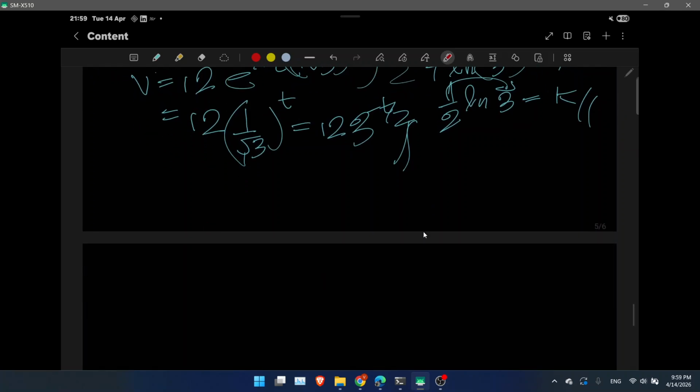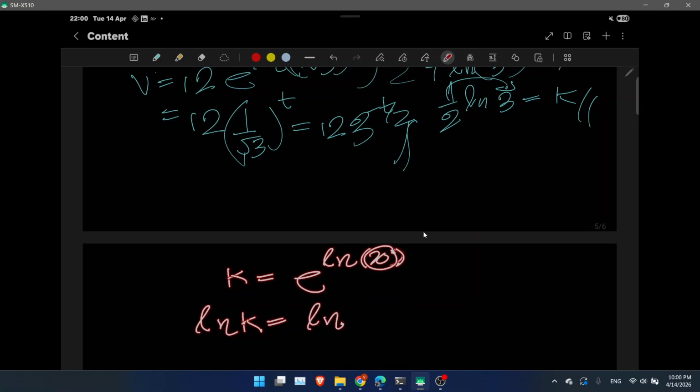You can think that if there is some value k equal to e to the ln x, we don't care what is inside this ln x. If we take ln on both sides, it is ln of e to the ln x.